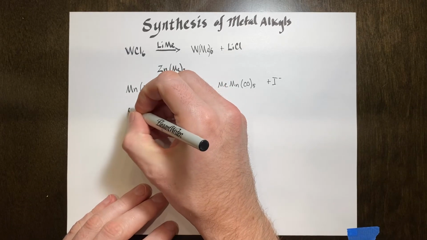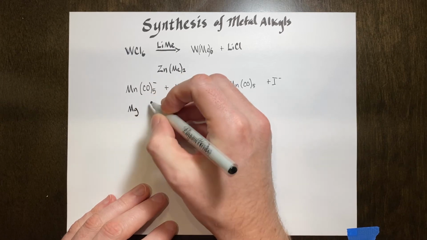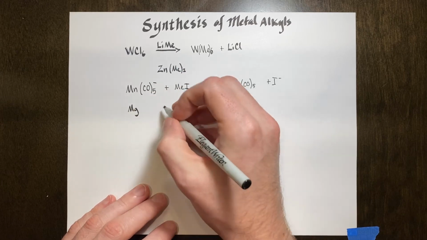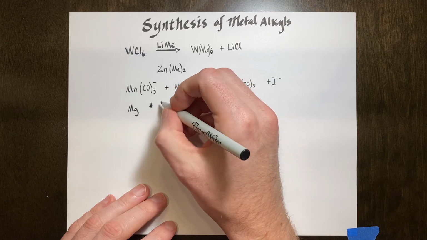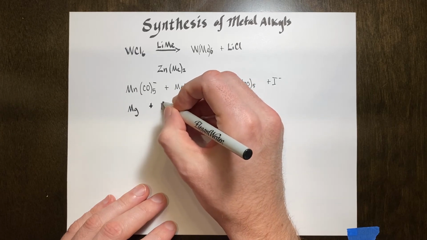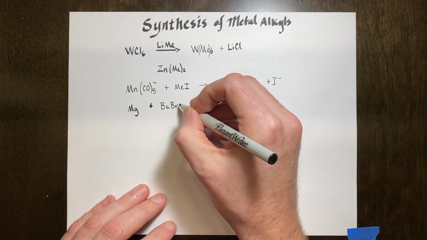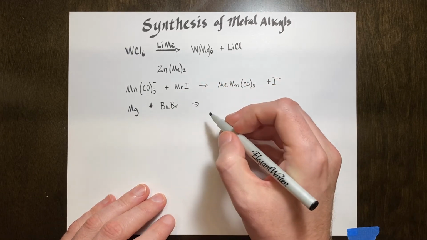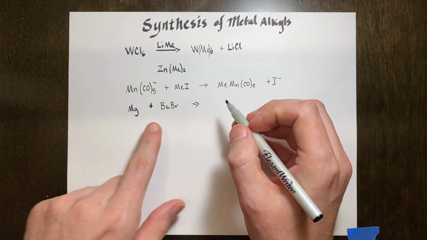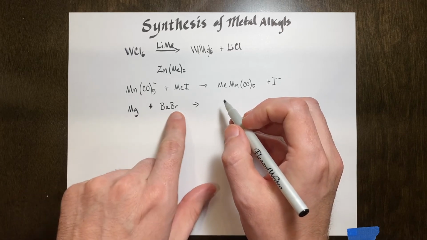So we start off with a metal in the 0 oxidation state, and then we add some metal alkyl. Let's use butyl bromide.